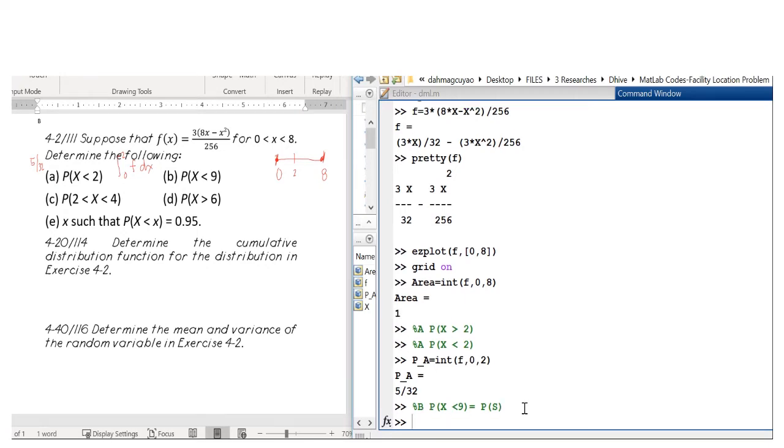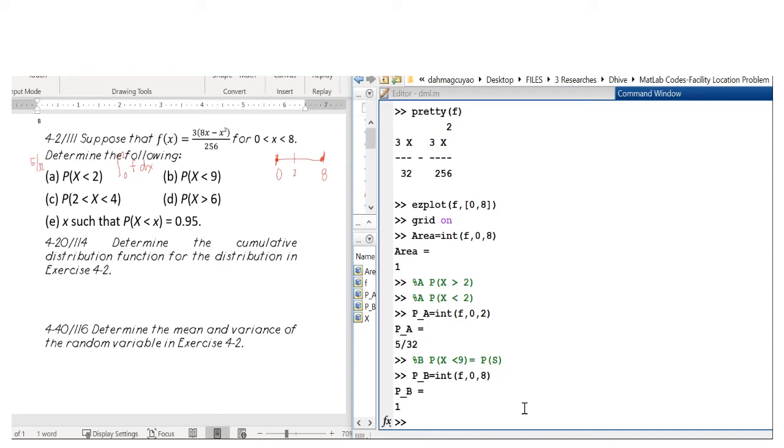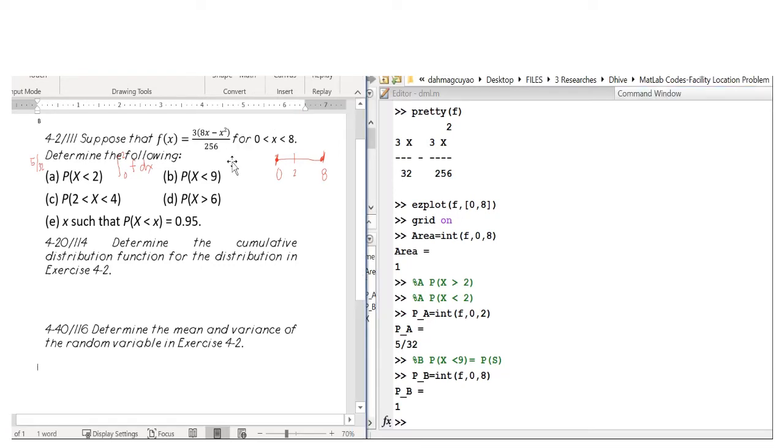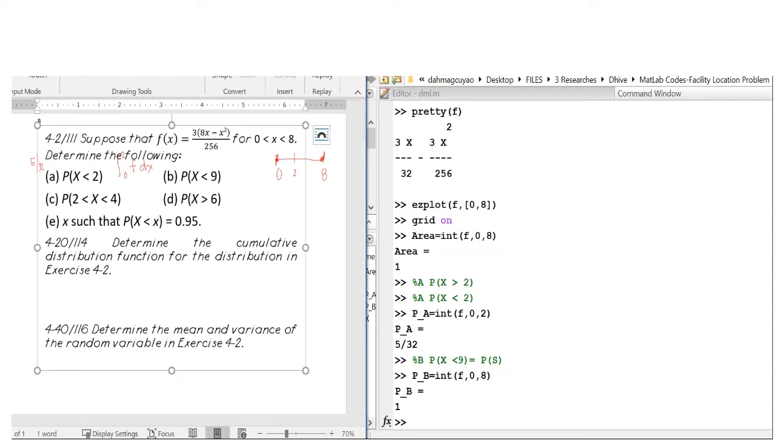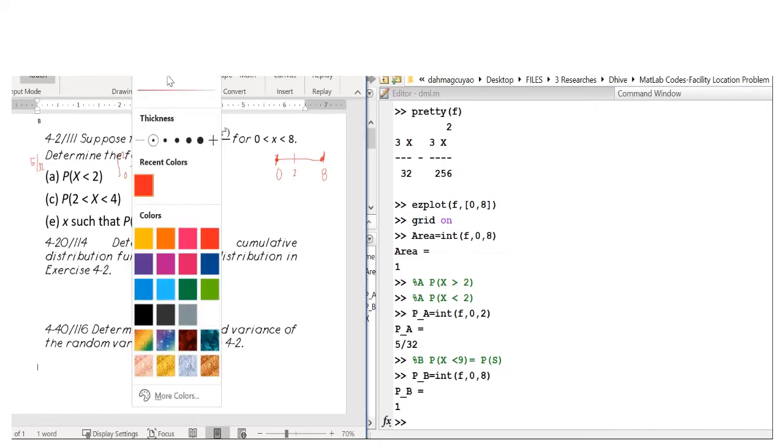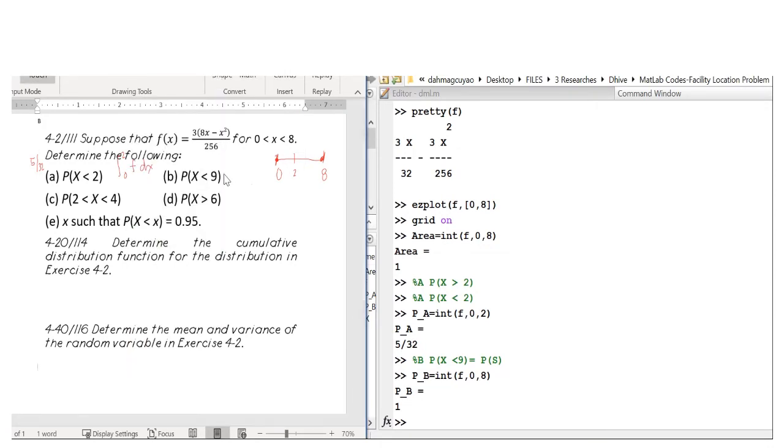So the probability for B is equal to the integral of f from 0 to 8. So that is equal to 1.